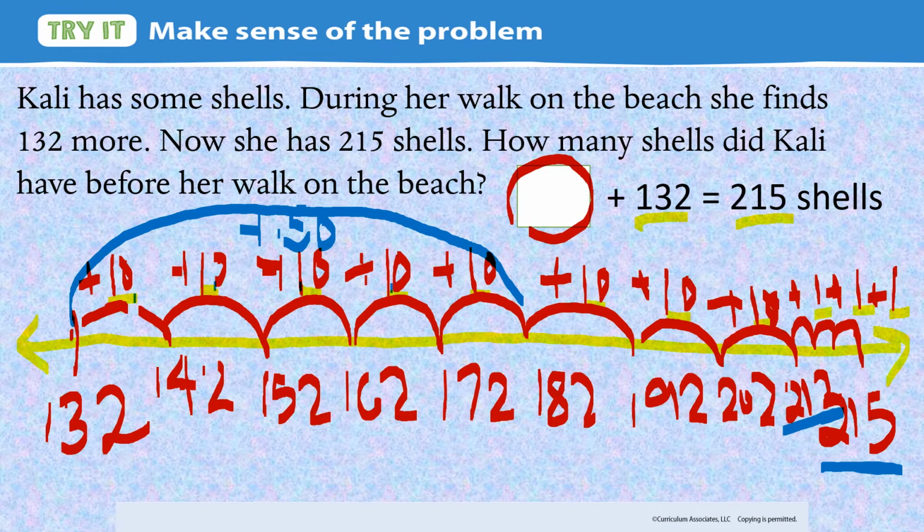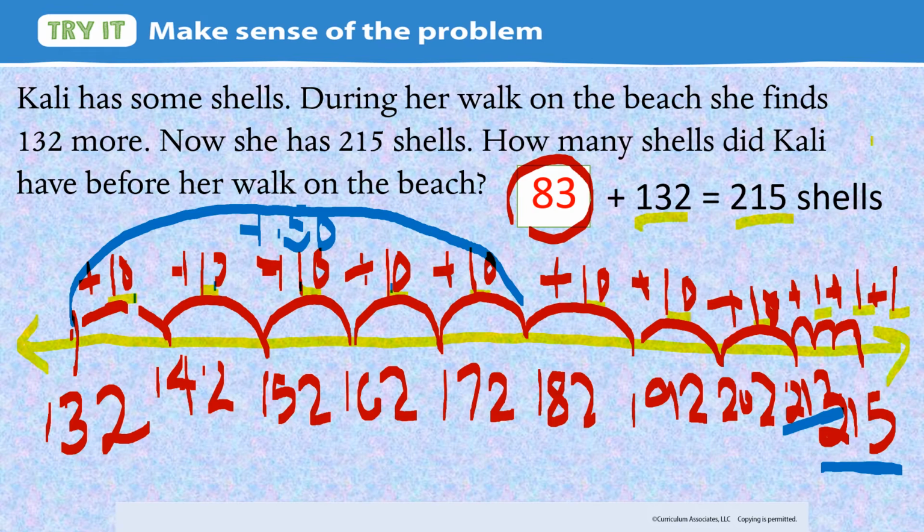So it looks like Kaylee had 83 shells before she started walking on the beach. So she must have started out with 83 shells, and now her total then, after she has the 83 shells, is 83 plus 132 equals 215 shells.